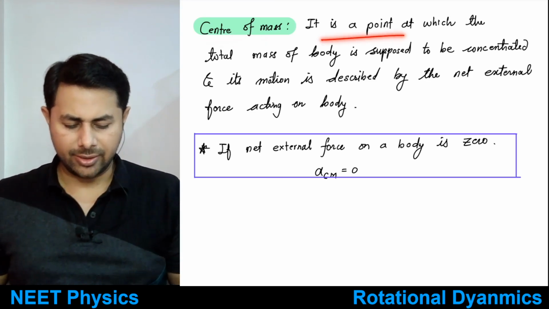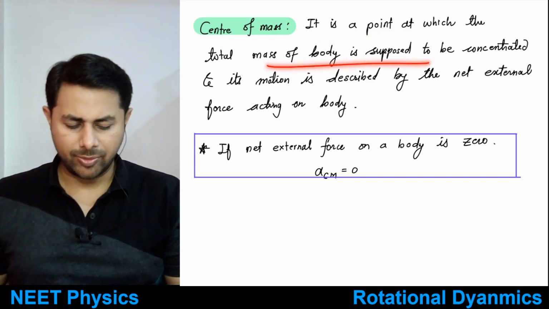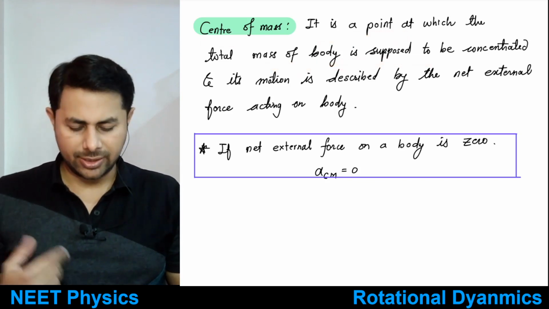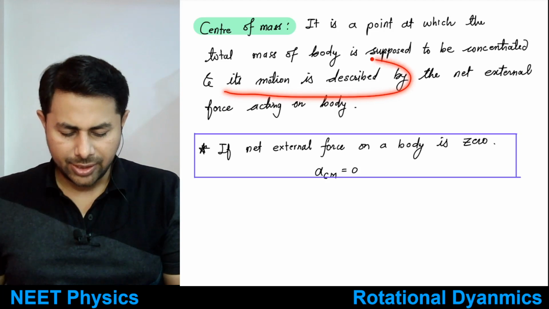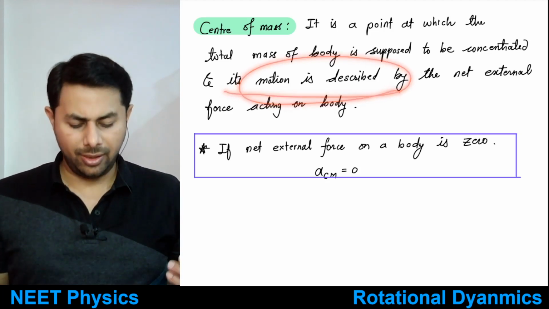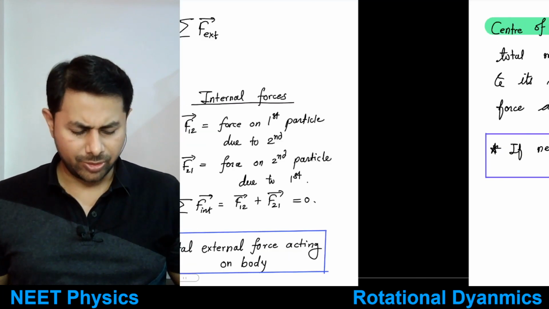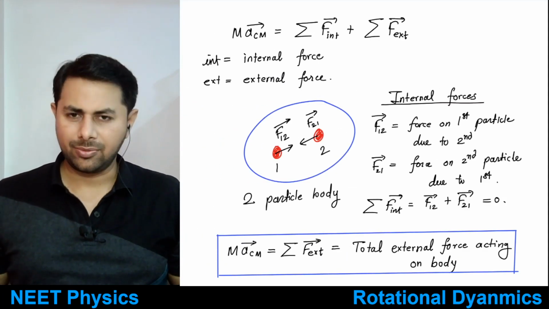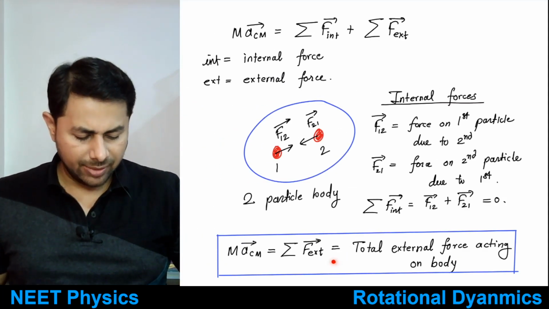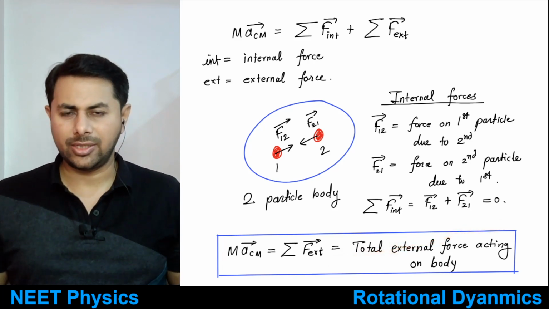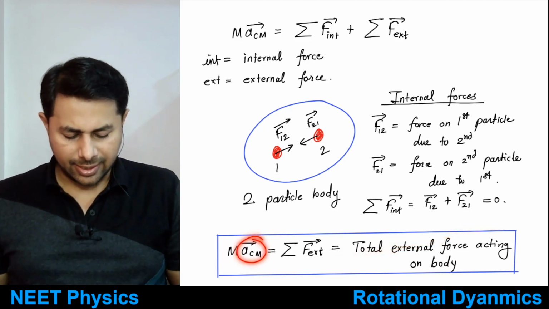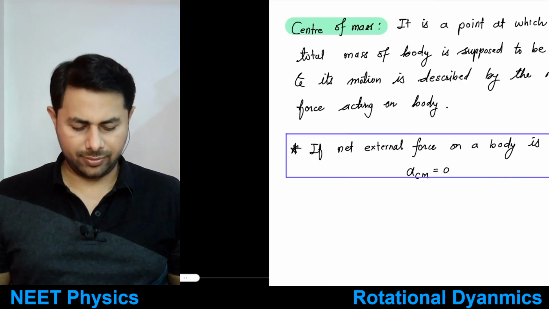So then, what is center of mass? It's the point at which the total mass of the body is supposed to be concentrated, and its motion is described by the net external force acting on the body. Okay, its motion is described by net external force acting on the body. So that means if external force acting on the body is equal to 0, then this acceleration would be equal to 0, right?